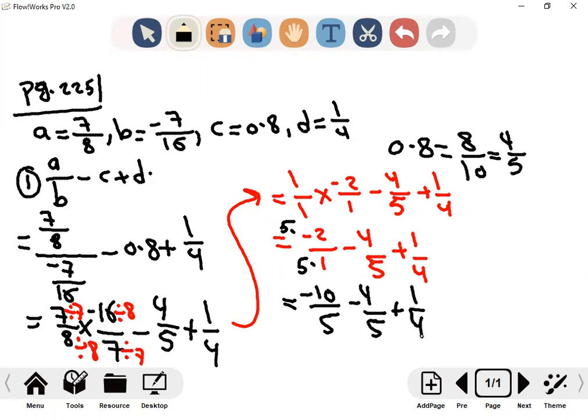Negative 10, negative 4, negative 14 over 5 plus 1 over 4. Now 5 and 4, make them both 20. Here times 4 and here times 4, here times 5 and here times 5.